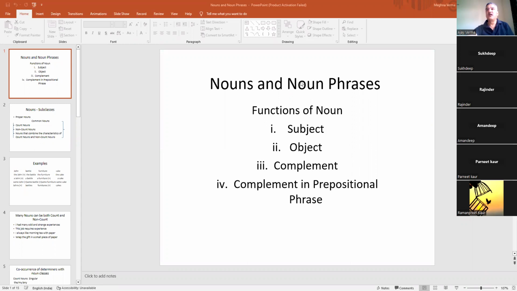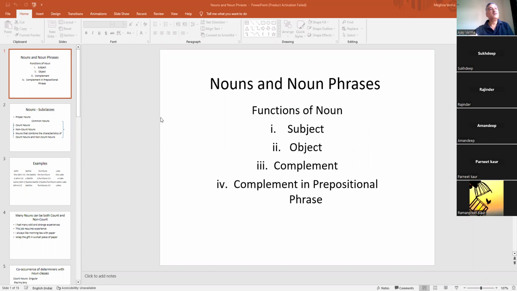Nouns are classified into different types, and there is also some discussion about their reference, either specific or generic, and their usage.